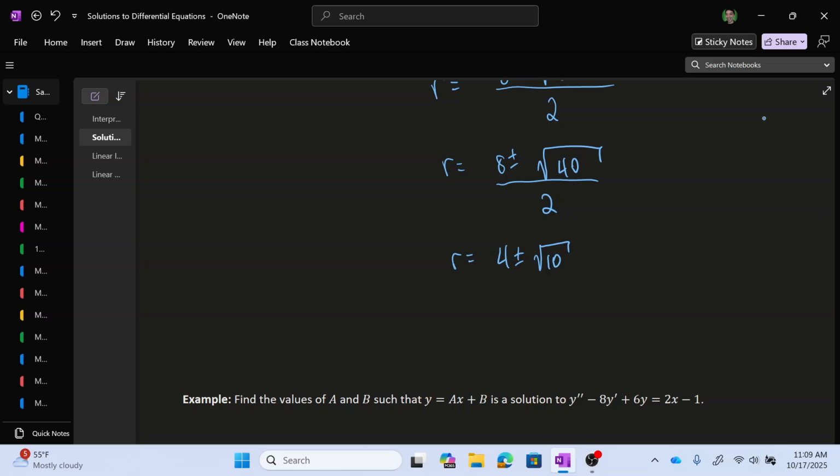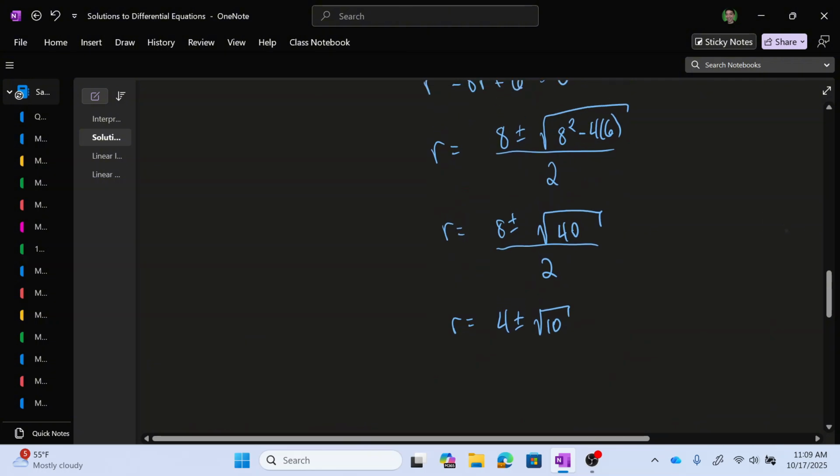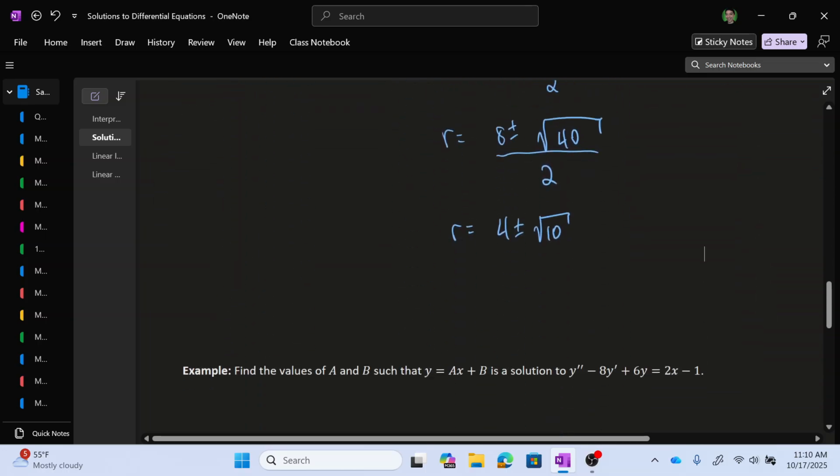Just factoring the 4 out of 40, using the square root to turn that into a 2, and then dividing by this 2. So these are the two values of r that are necessary to make this exponential, e to the rx, into a solution to this differential equation.